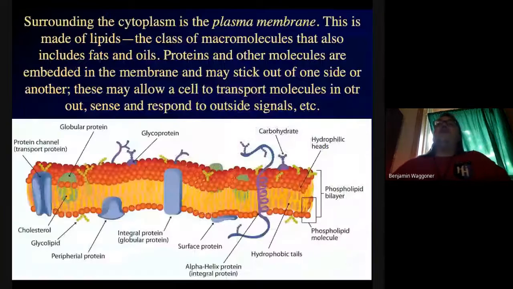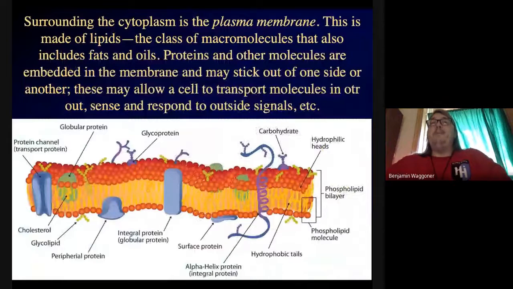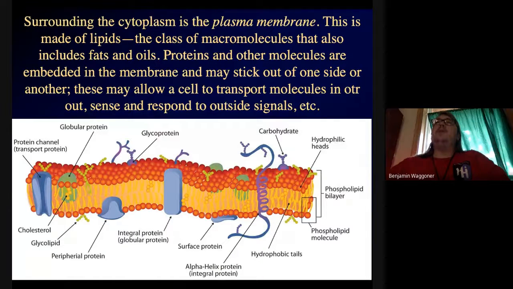What surrounds the cytoplasm is called the plasma membrane, and this is actually made of lipids. You might remember way back we talked about carbohydrates, lipids, proteins, and nucleic acids. You've got a lab to do about those, one of the Labster simulations.